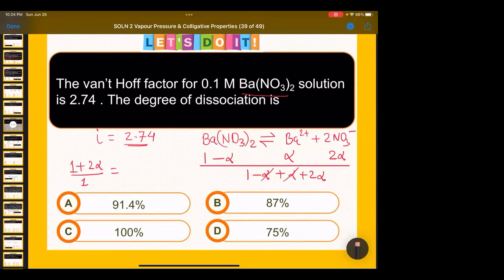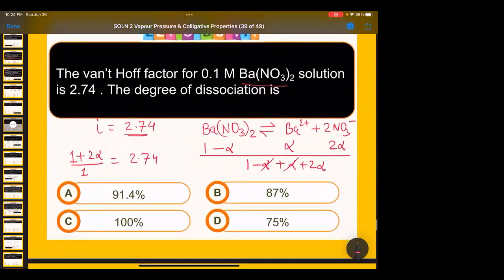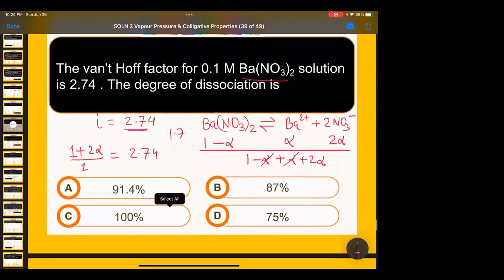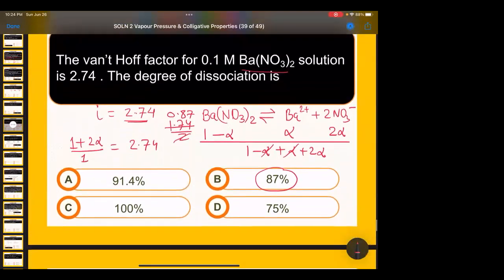So i is 2.74, it is given. You can calculate alpha: 1.74 by 2. Alpha is 0.87. So alpha is out of 1, so that is 87% dissociated.